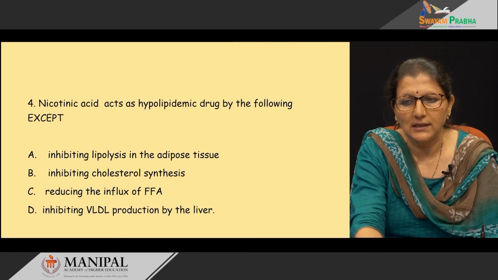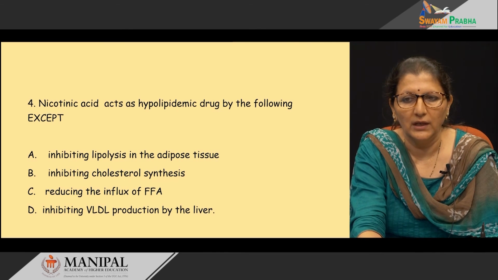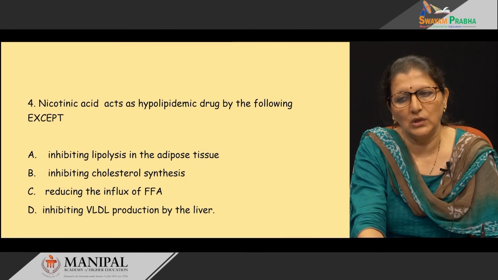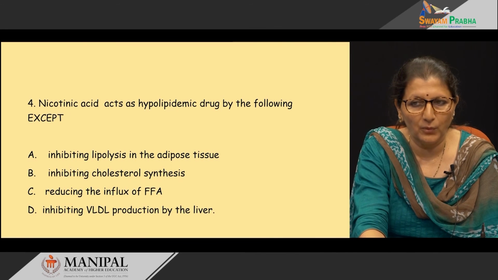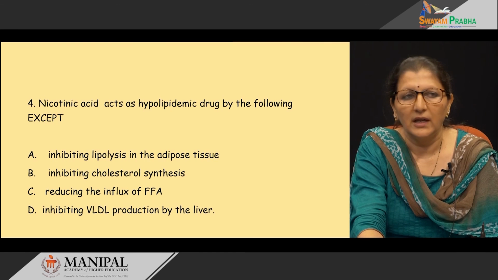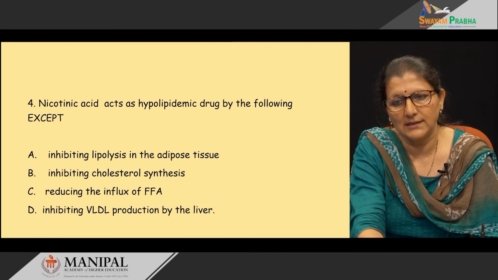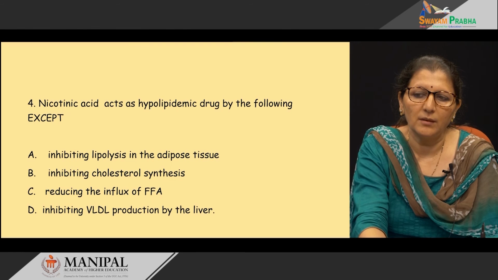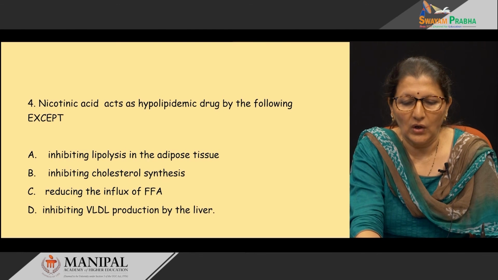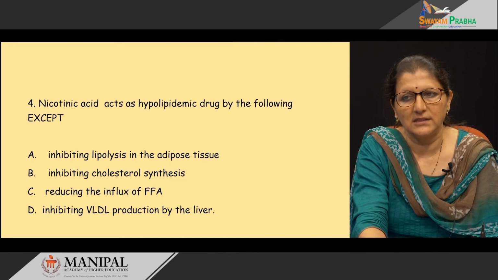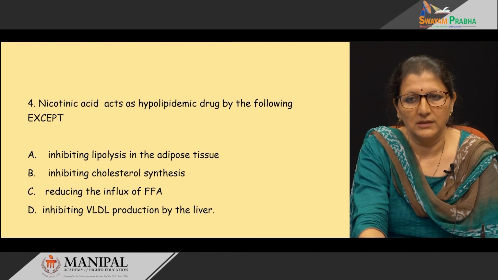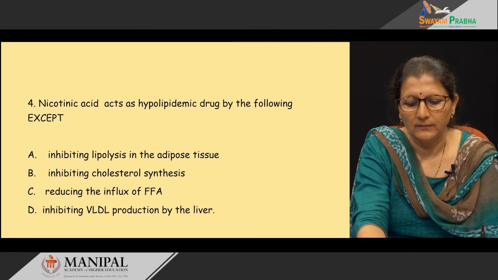The answer is B, because nicotinic acid does not have a role in inhibiting cholesterol synthesis. All the other factors, that is inhibiting lipolysis in the adipose tissue, reducing the influx of free fatty acids, and inhibiting VLDL production by the liver, favor nicotinic acid acting as a hypolipidemic drug. Thank you.